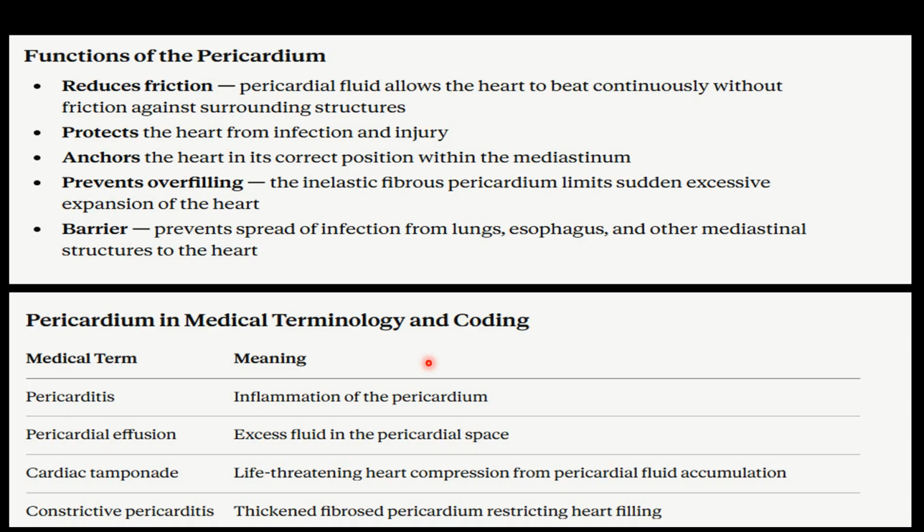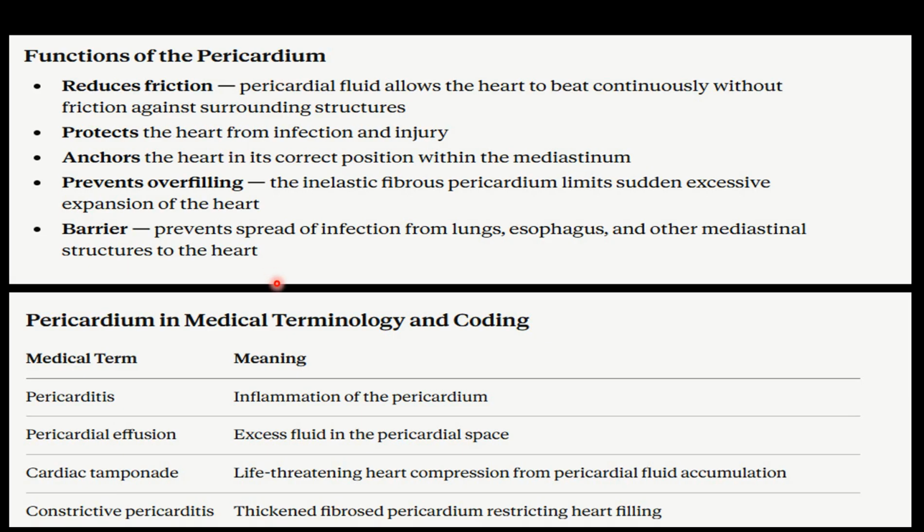It anchors the heart in the correct position within the mediastinum. Also it prevents overfilling. The inelastic fibrous pericardium limits sudden excessive expansion of the heart. And then we have the barrier function. It prevents spread of infection from the lungs, esophagus, and other mediastinal structures to the heart. So these are some important functions related to the pericardium.